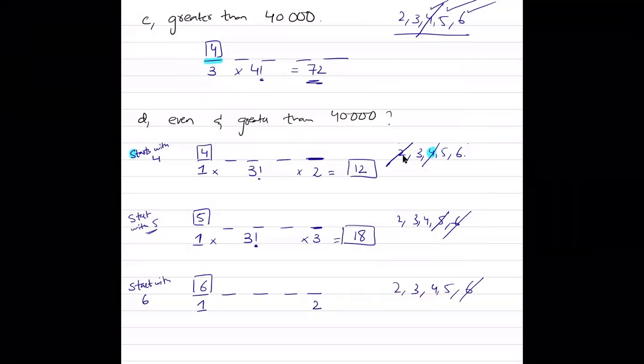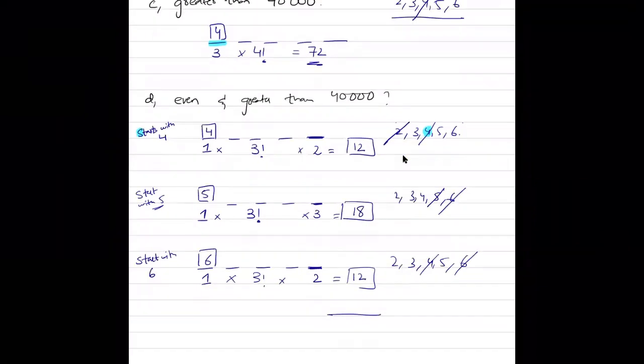Let's say I cancel out 4 for the last position. Now I'm left with 3 numbers. So 3 numbers can arrange themselves in 3 factorial ways. Again, 12. So the total answer, how many numbers are there that are even as well as greater than 40,000? You're going to add these values, 18 plus 12 plus 12. 42 is your answer.